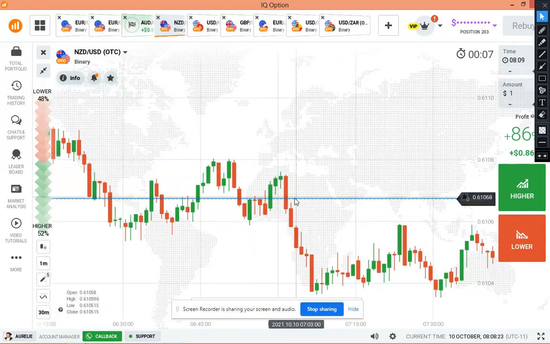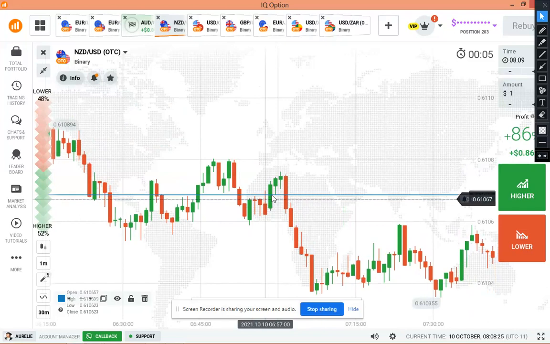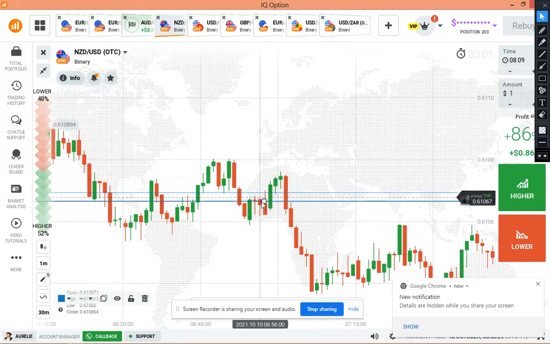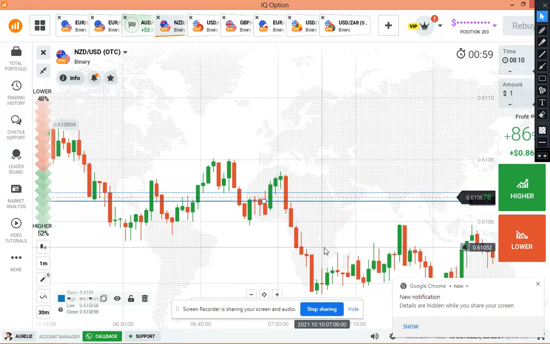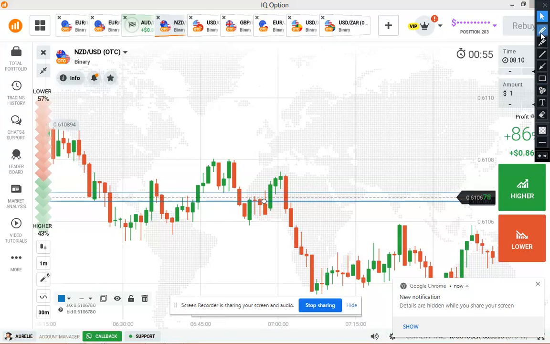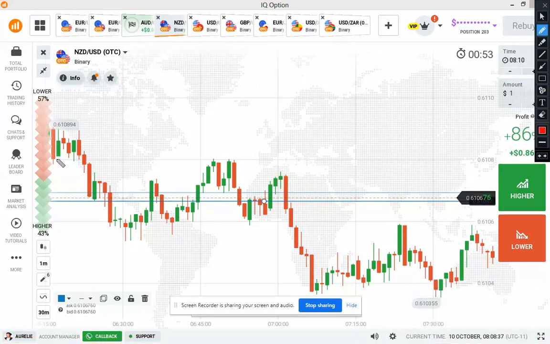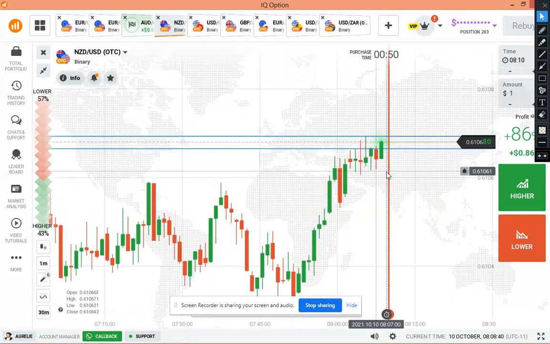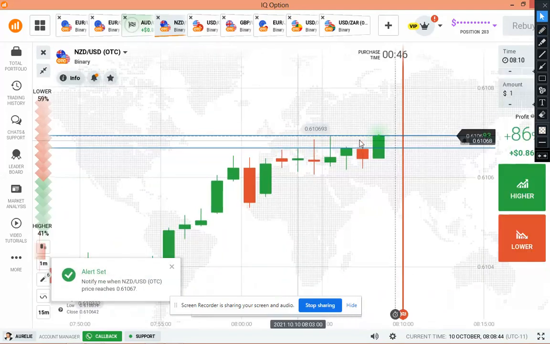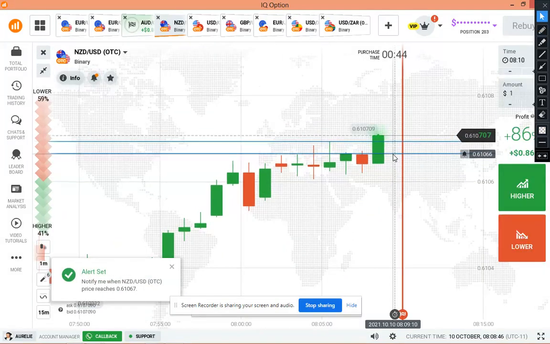Let me do it this way. Okay, so I think this is another level here. So maybe I'll go with sellers on the next candle. Come on, don't cross it.